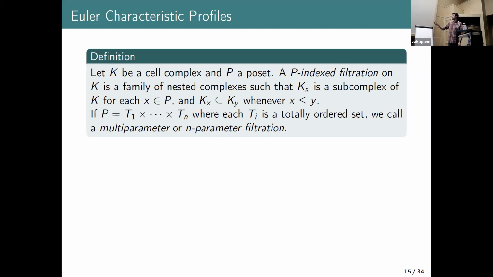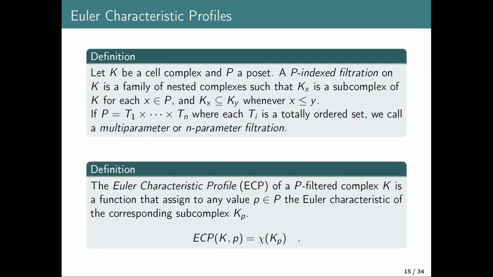And moreover, this is a naming convention, but if your poset is just a product of a bunch of totally ordered sets, you call it a multi-parameter or an n-parameter filtration. So that's just normal.